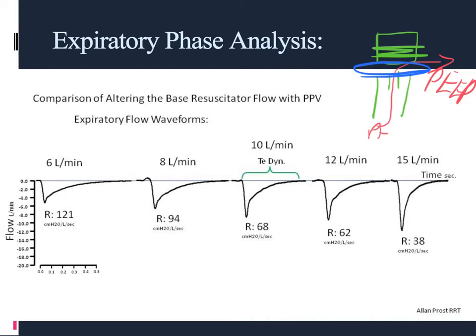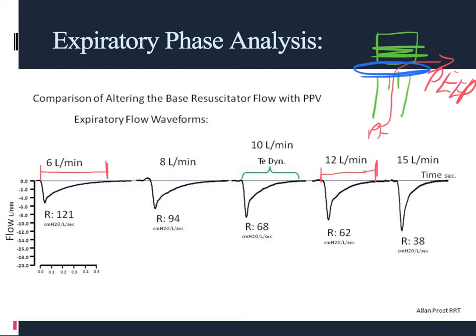What this relates to is that we see this really big change in the time it takes for our expiratory flows to decline to zero. So our TE dynamic is greatly reduced when we choose the higher background flow rates through the NeoPuff.